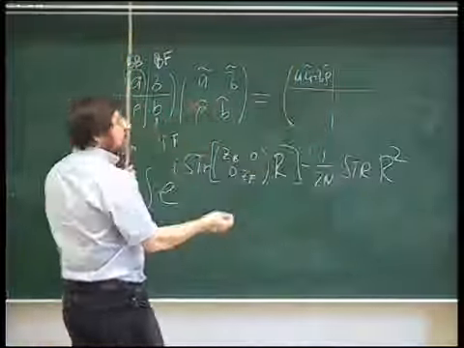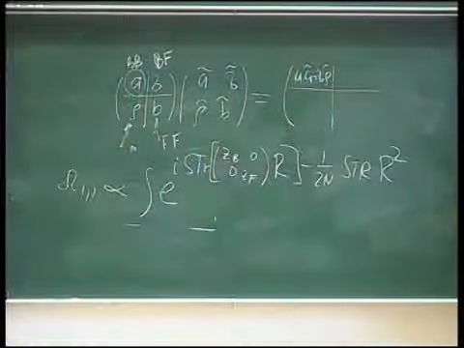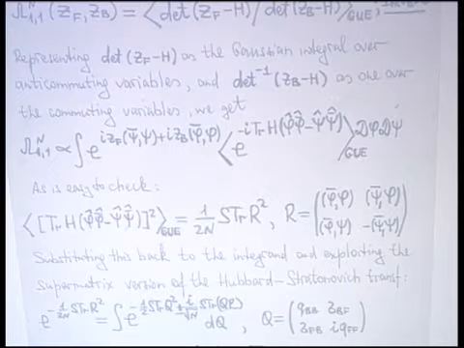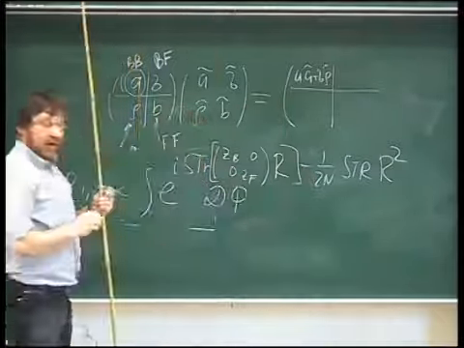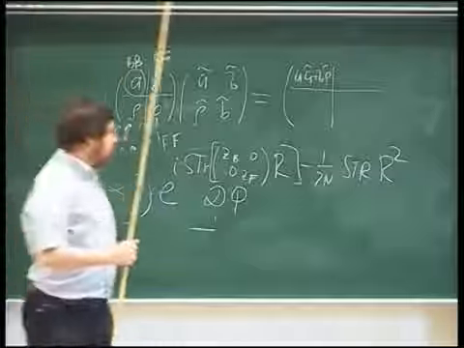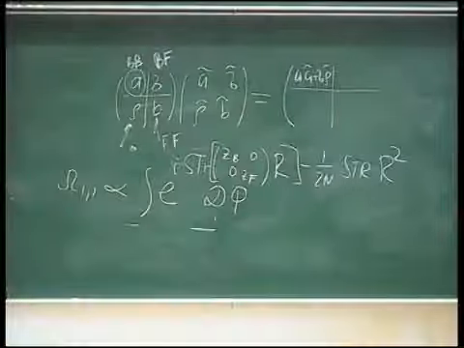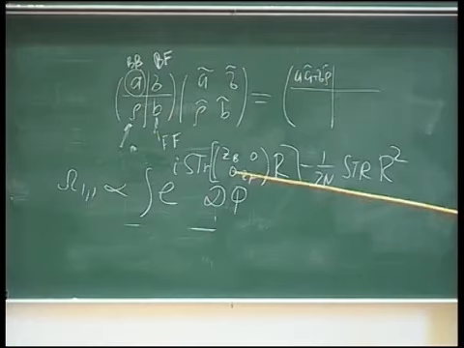R is made of phi's and psi's, and we should perform integration over these phi's. I will write it as integration over the supervector phi, over all phi's and psi's. So we need to calculate this.